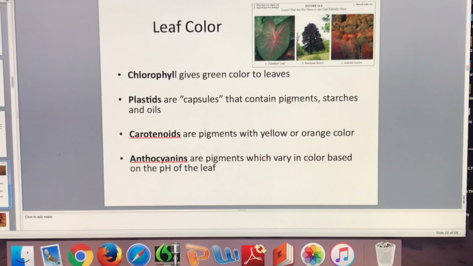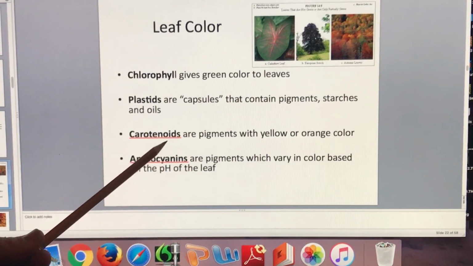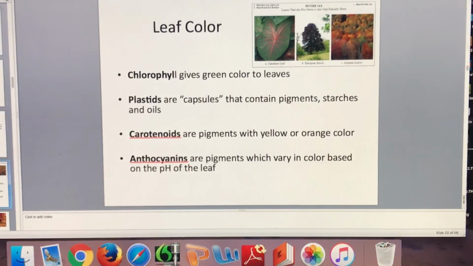Other important pigments that are housed are carotenoids. These are pigments with yellow or orange color, and the anthocyanins, which are pigments that vary in color based on the pH of the leaf.